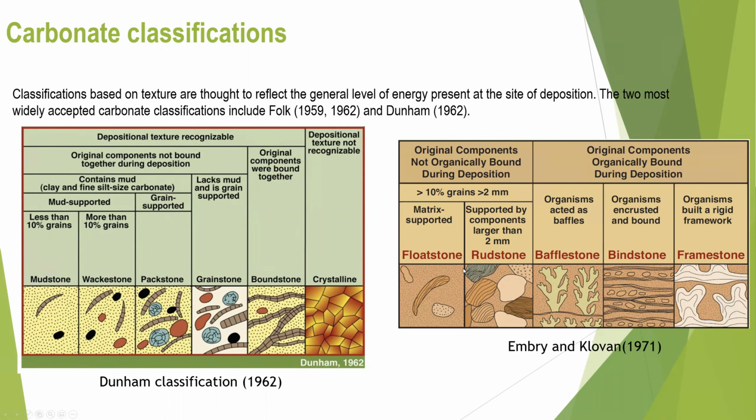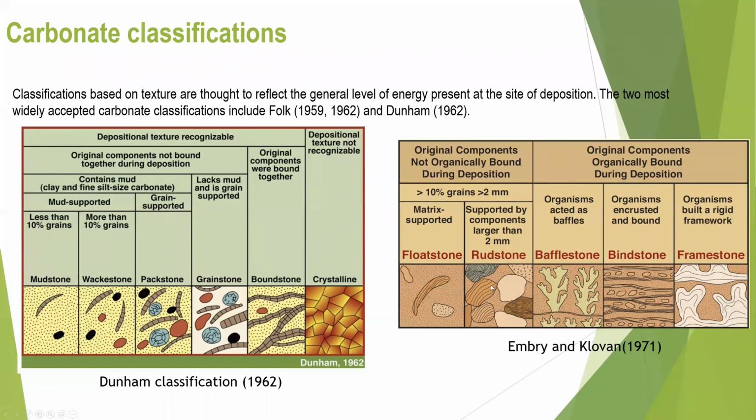But after Dunham, Embry and Klovan actually just divided this part into 5 other categories. If we have, for example, in the slope of a depositional marine, if we have some sort of grains or reworked grains of reef system, and if they are less than 10%, we say that they are floatstone.